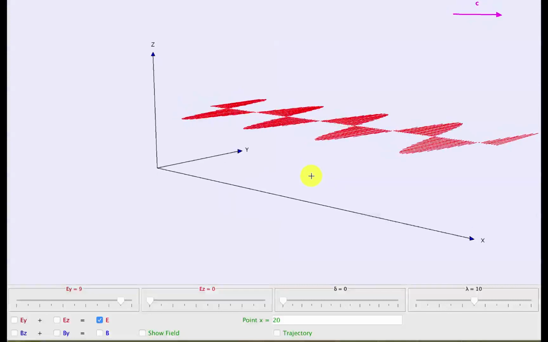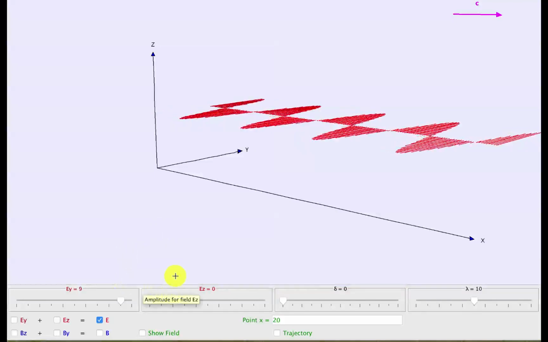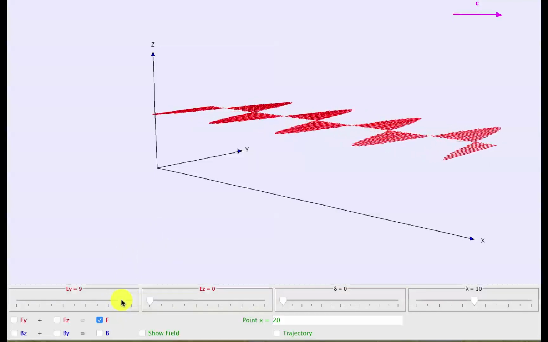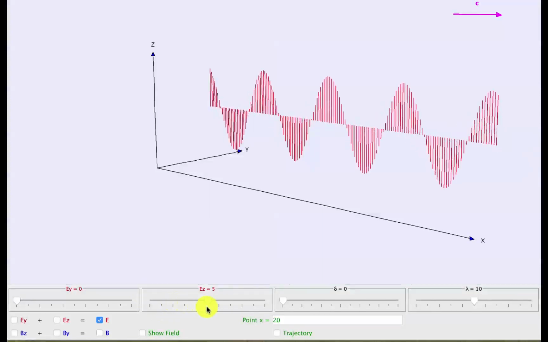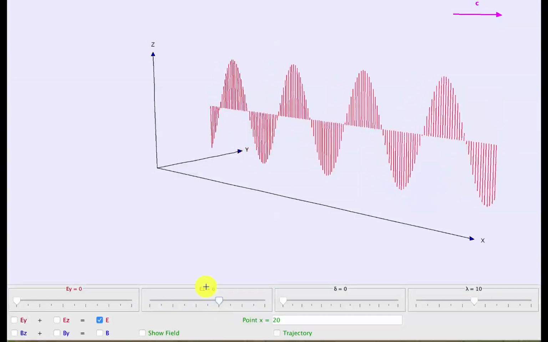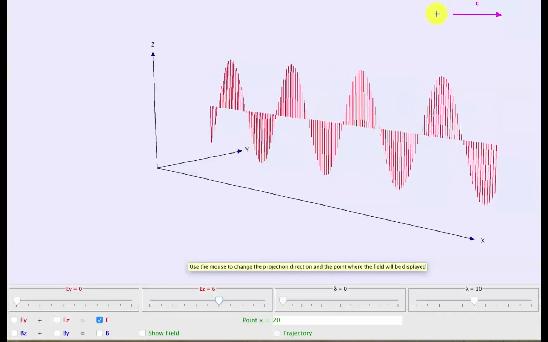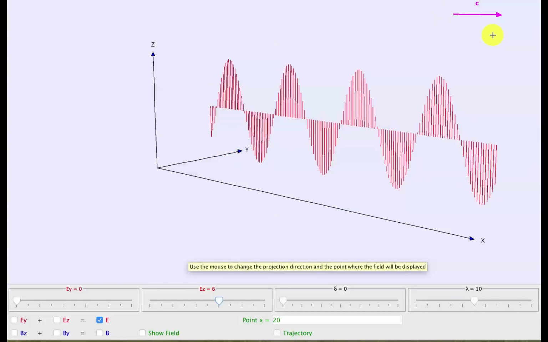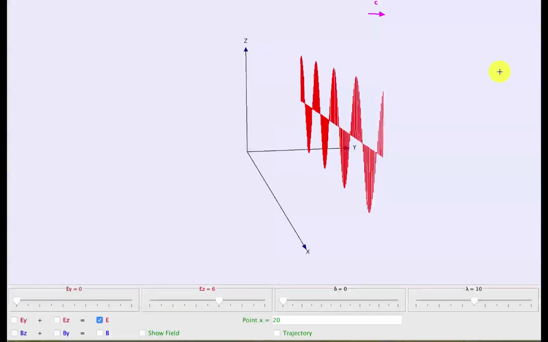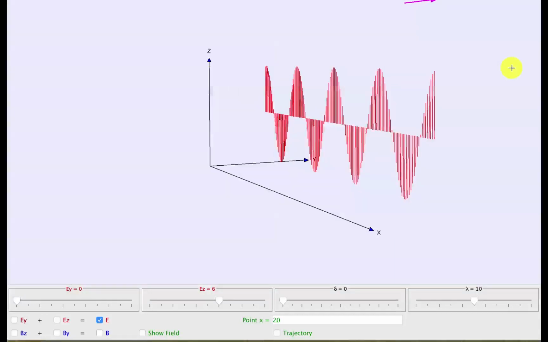Okay, so now from the options provided here, I can set the electric field in the y direction equal to 0, and instead the electric field in the z direction now will be this. Here you can see that this is also a wave that's moving with speed c in the x direction. And if I move the wave here, you can see that the electric field is completely in the z direction.